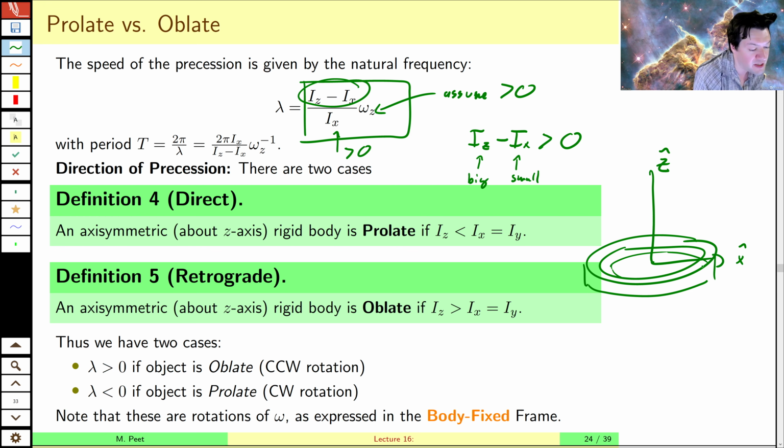Extreme case where there's no mass at all close to the z-axis, and there's lots of mass close to the x-axis. Well, maybe not lots, but some. So this is the case. It has a particular name, and it's called oblate. Oblate.